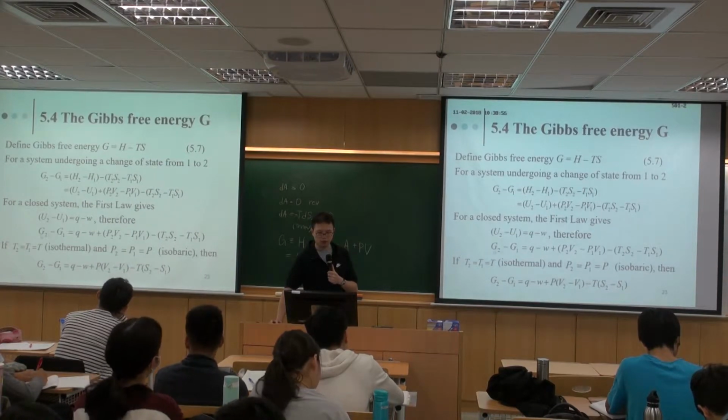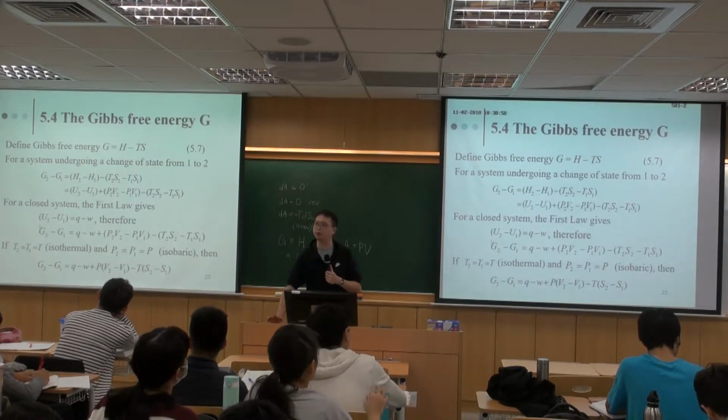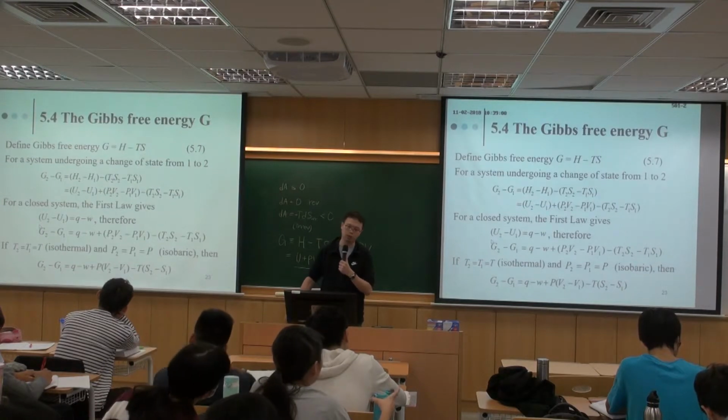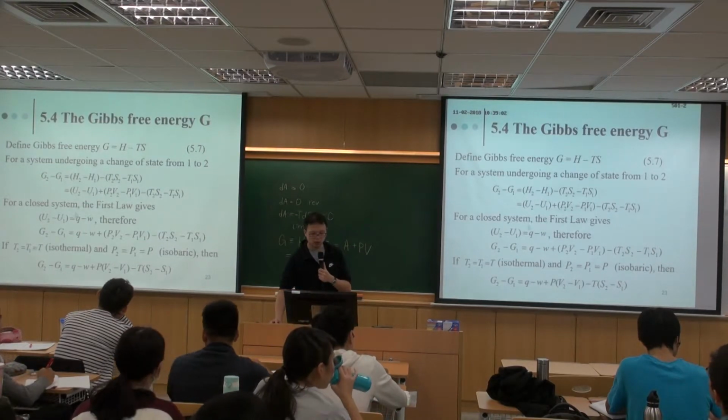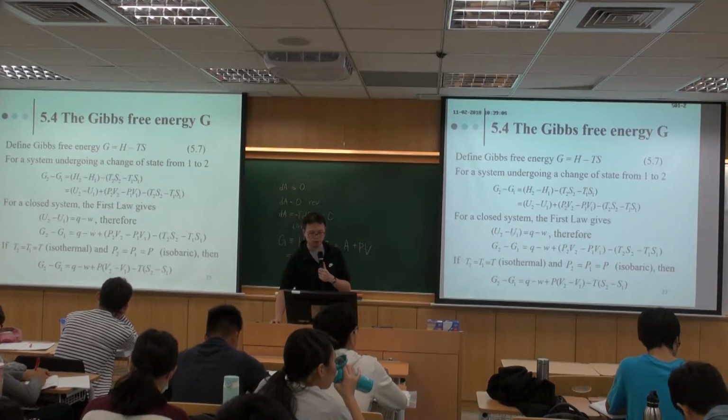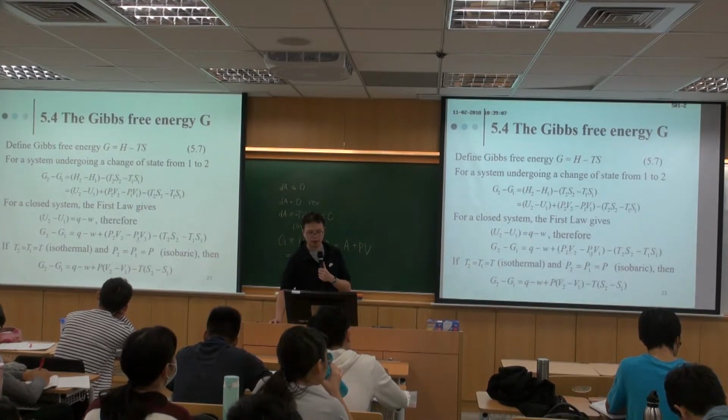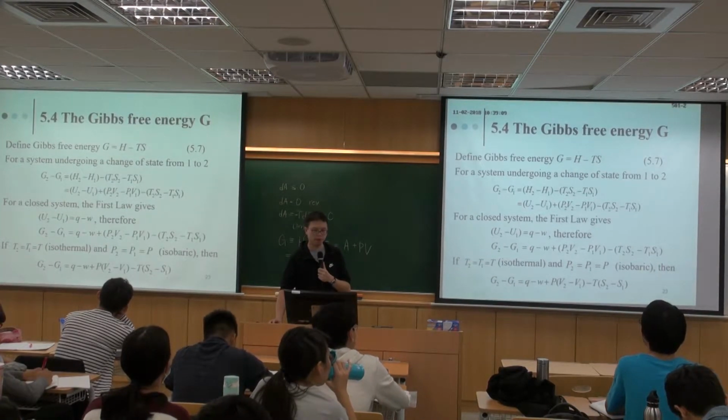Therefore, G2 minus G1, the change of Gibbs free energy before and after the process, is the change of internal energy, we just bring this back down, and then we have these two extra terms.